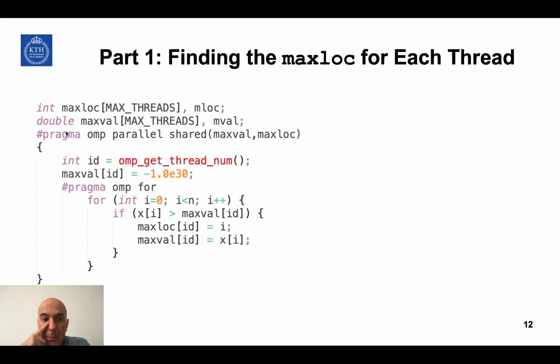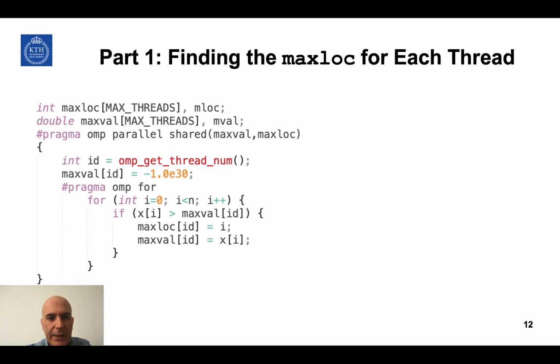So we open here the parallel region, and we have these arrays that are shared. We find the ID of the thread using this OpenMP function, and then we parallelize the loop here. So we are in a parallel region, and here we are basically doing work sharing, right?